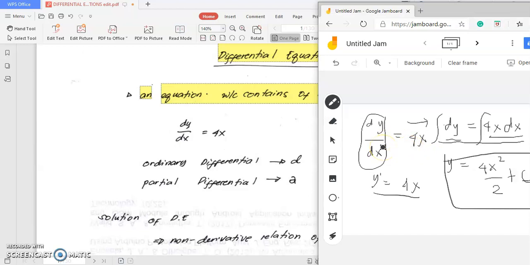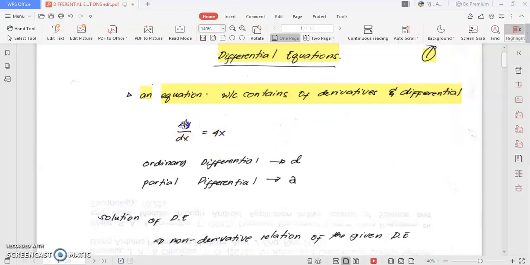But there are some first order, first degree ones that are more complex. So, you will need different methods to solve them. Another one, if you have higher order or higher degree, there are different methods that we will use and discuss. Okay? So, do you understand what a differential equation is?